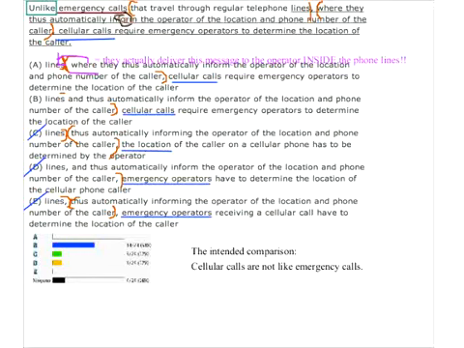I mean, if you want, it's emergency calls through telephone lines versus emergency calls on cellular phones. You could do that. But as long as the comparison is calls versus calls, then it's a legitimate comparison.